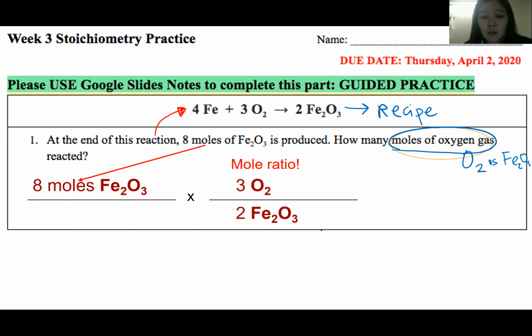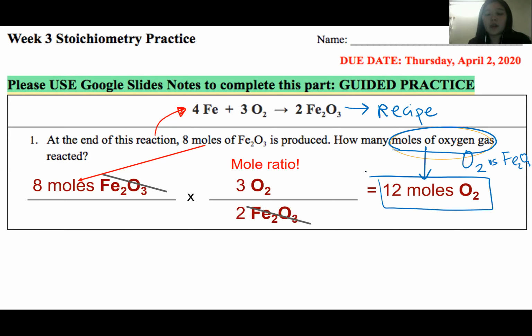We do our math, 8 times 3 divided by 2, Fe2O3 cancels out, and I get 12 moles of oxygen. That's what we're looking for. So all you're doing for these type of problems is multiplying the given value by a mole ratio. Let's move on to the next problem.